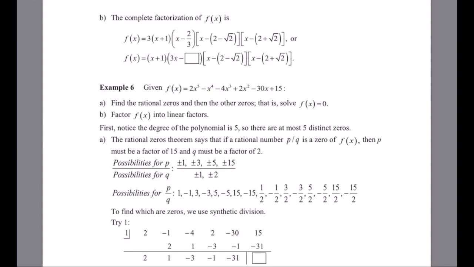So we started out, we already have the x plus 1, right? We also have 3x minus 2. Remember how I had x equals 2/3 when I multiply both sides by 3 and then subtract 2. Either one of these are okay, but this one probably looks more like what we're used to. We also have x is equal to 2 minus the square root of 2 and x equal to 2 plus the square root of 2.